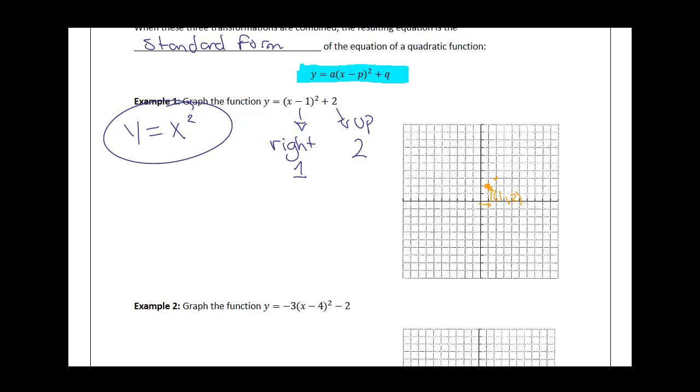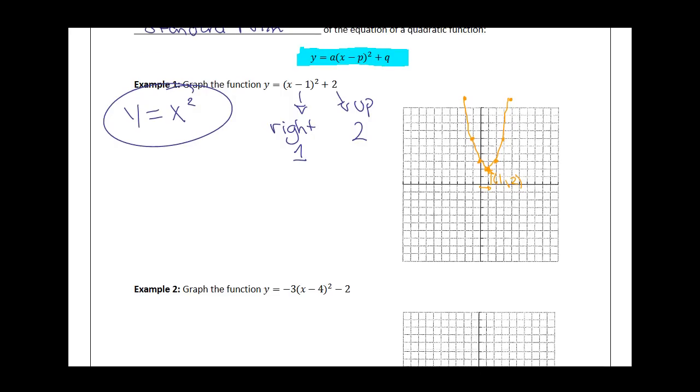And we go over 1, up 1, over 2, up 4, and then over 3, up 9. Just about up here. And voila! There is our parabola. That's the graph of that function.